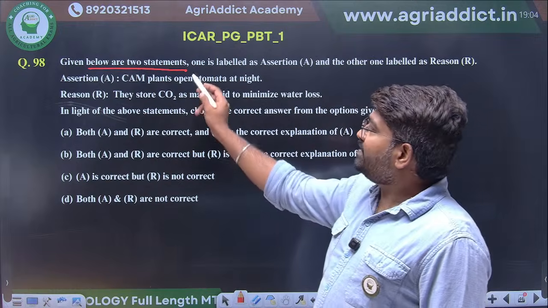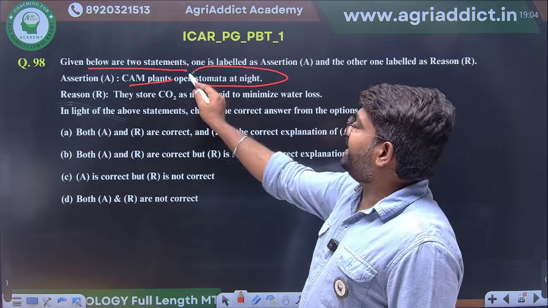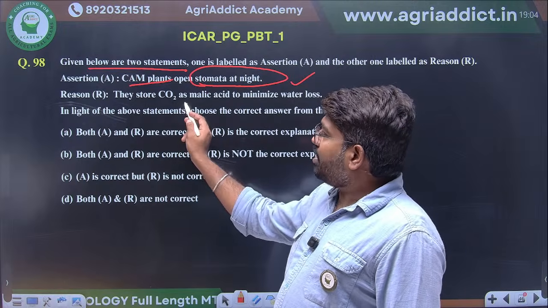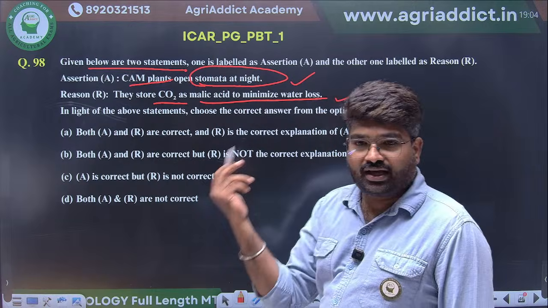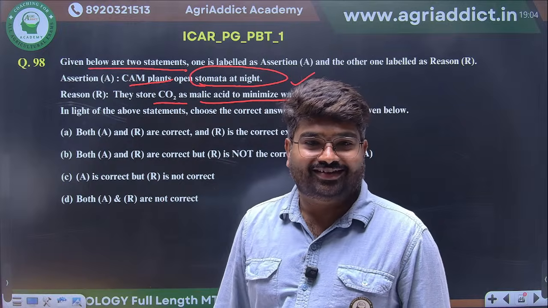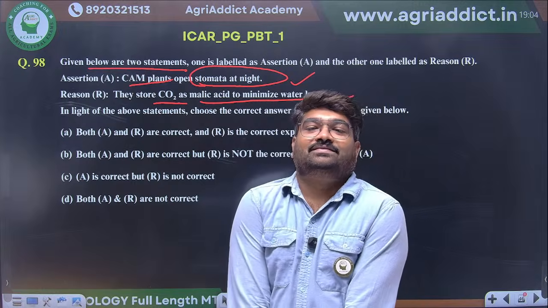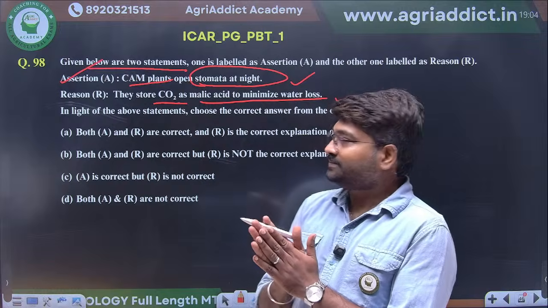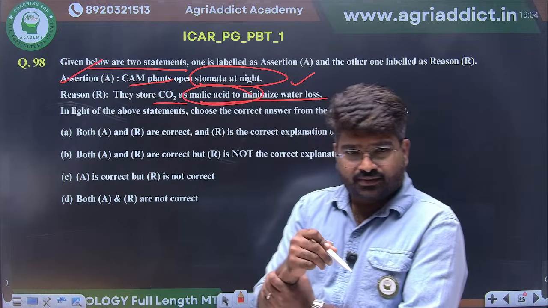Given below are two statements, see. CAM plants open stomata at night. This already we saw. This is the right statement. They store carbon dioxide as malic acid to minimize water loss. Whether both are correct? Option A is correct. Assertion is correct. Reason, whether they will store malic acid to minimize the water loss?